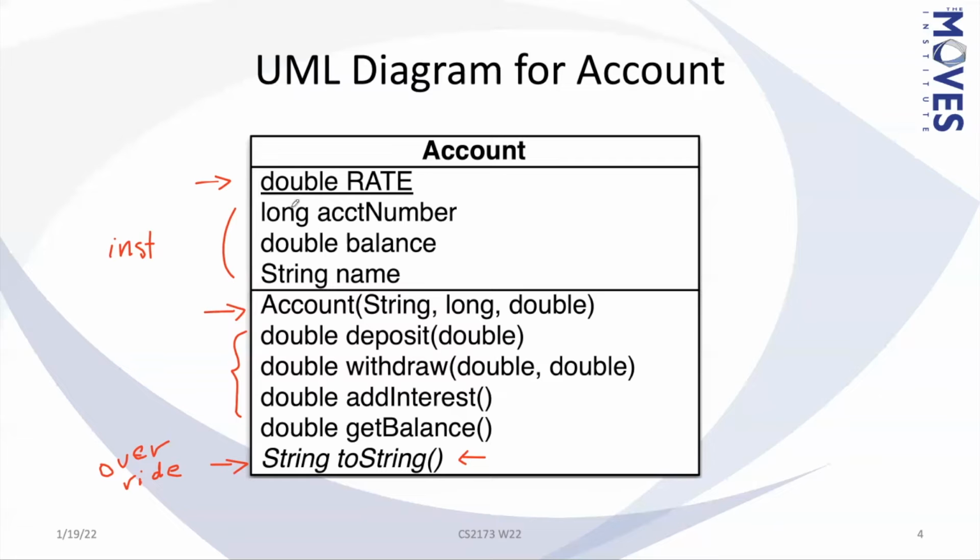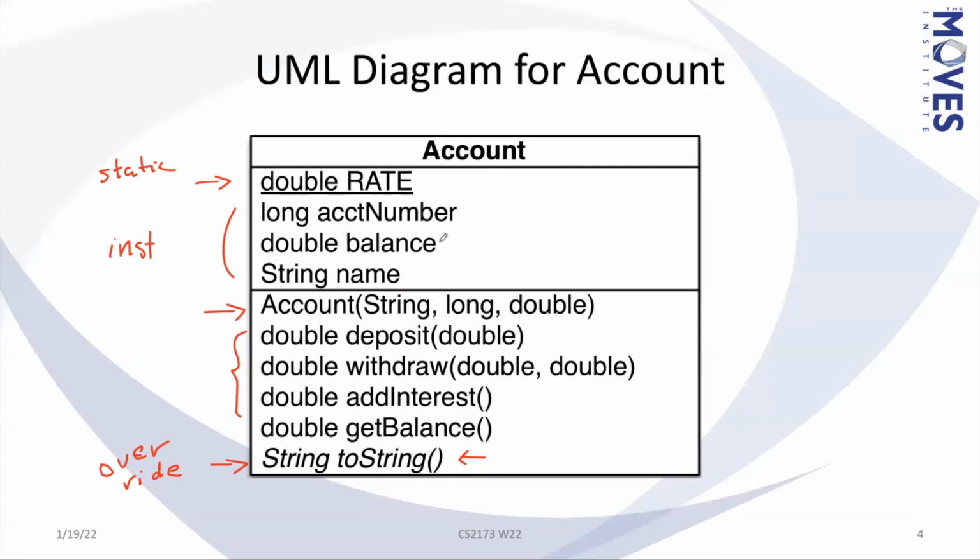Okay, but this is the design of the class. When you see this, you can instantly translate these. Take this and make this a static final. This will be a static final. These would be instance variables.